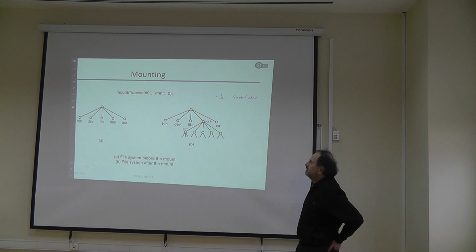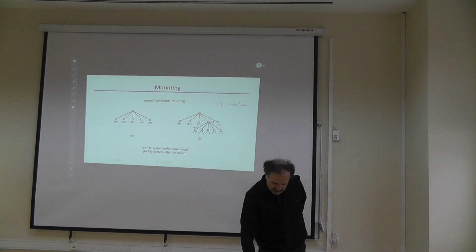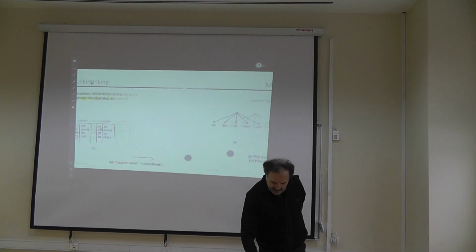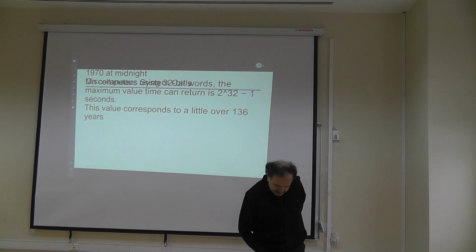The user thinks that it has new data in the new directory, but that new data is coming from a USB drive or a hard drive. So without the users noticing anything, you can do lots of linking, unlinking, and mounting to make the system more efficient. So this is called linking and this is called mounting, and they are related to each other.